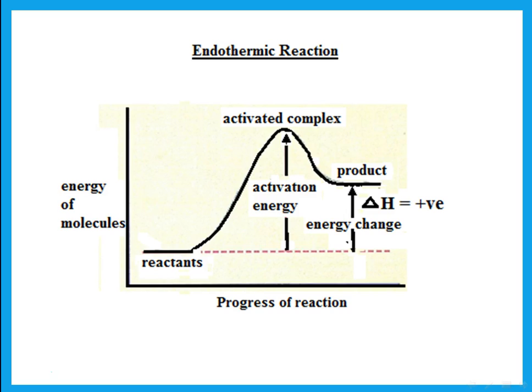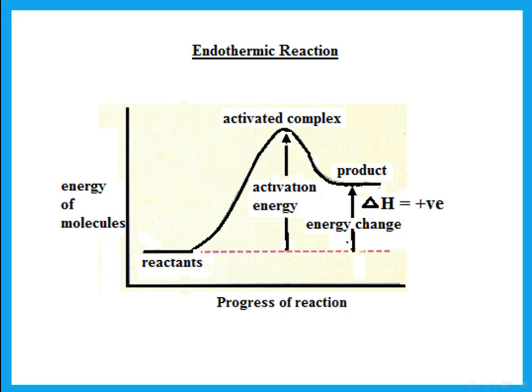It is the difference in energy between the reactants and the products. Now, since the products have higher energy than the reactants, then in endothermic reactions, the delta H is a positive number. Again, the activation energy is the difference in energy between the reactants and the intermediates or the top of that hill in the diagram.